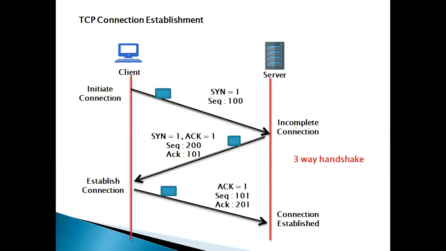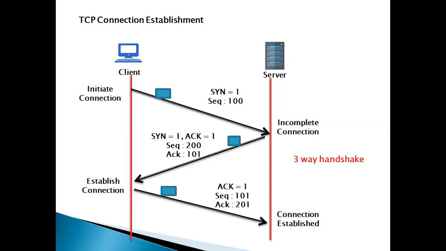It sends a TCP packet with a sequence number and the SYN flag set, and informs the server that the client wants to start communication and what its sequence number should be. Here, for example, I am taking sequence number 100 and setting the SYN flag value to 1.